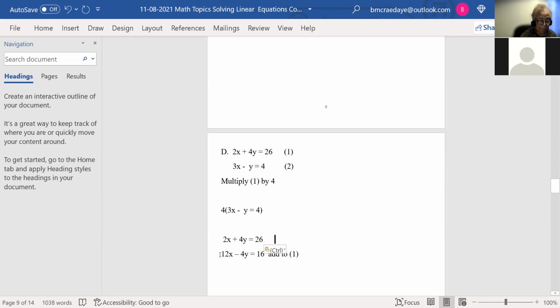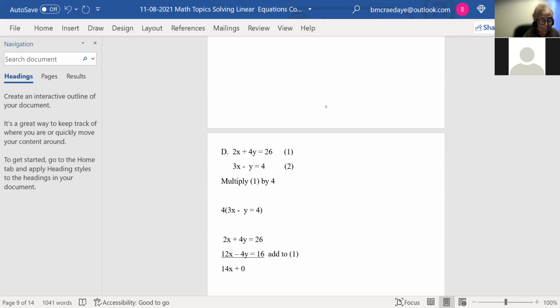So let's just add these. What's 12x plus 2x? 14x. Okay, so that's 14x, plus 4y minus 4y. 0. That's right. So that's just plus 0.